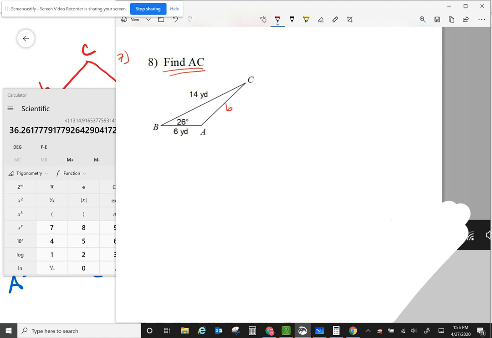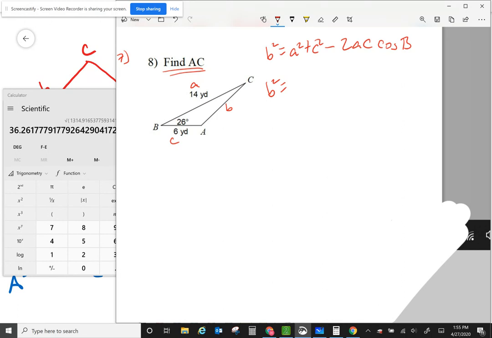Remember that one said B squared is equal to A squared plus C squared minus 2 times A times C times cosine of B. That was the formula. So I'm going to say that B squared is equal to, I know this is little a and this is little c. Remember, angle A is opposite from side A. Angle C is opposite from side C.